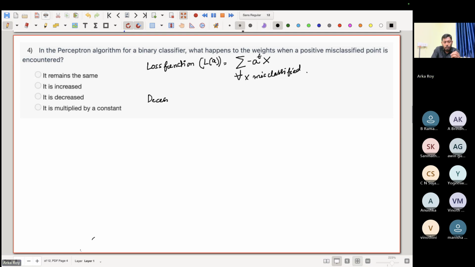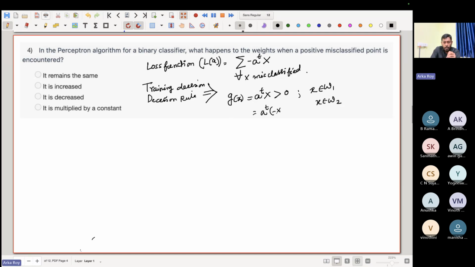Your training decision rule is basically g of X, which is again A transpose X, should be greater than 0, irrespective of whether X belongs to omega 1, and for X belongs to omega 2, A transpose minus X greater than 0. So this is your decision rule and this is the loss function.